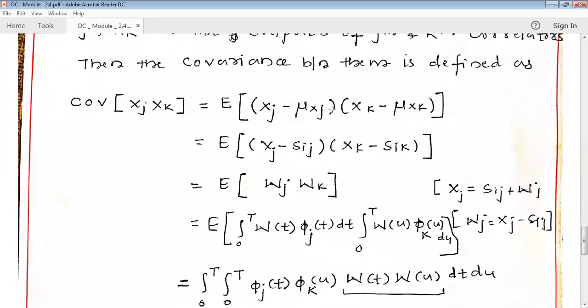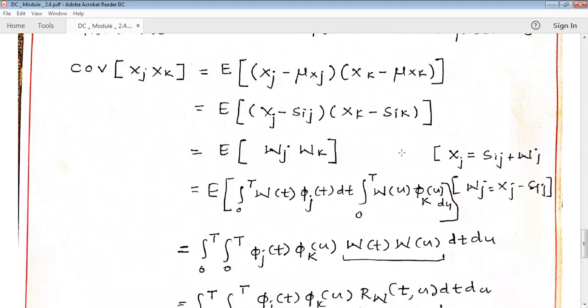And from the first parameter, the mean of any random variable is equal to the signal vector of the transmitted signal si of t. So mu xj is equal to sij and mu xk is equal to sik. And we know that xj is equal to sij plus Wj. So xj minus sij is simply Wj, and from this term it is Wk.